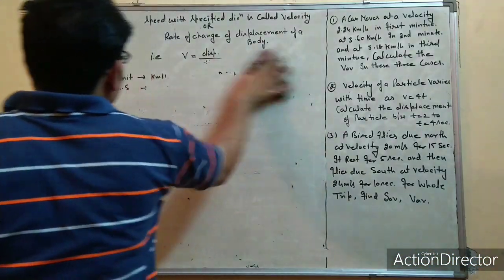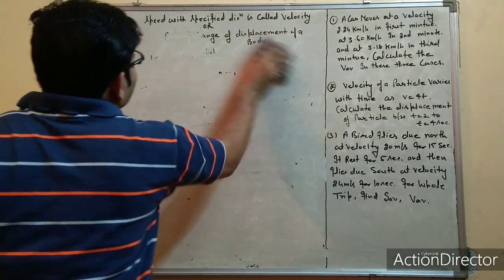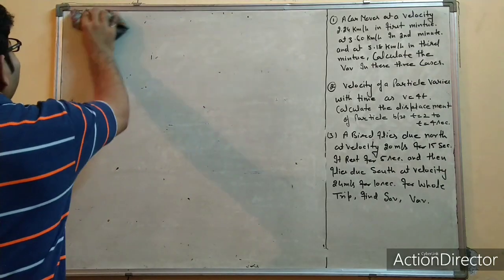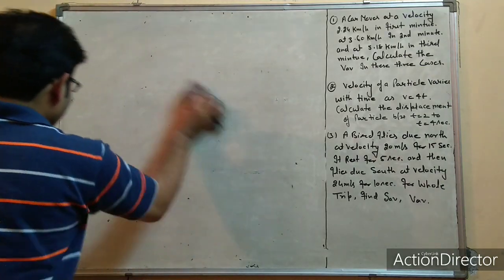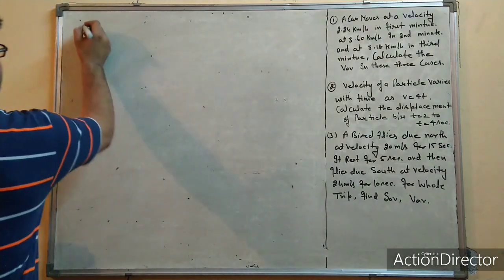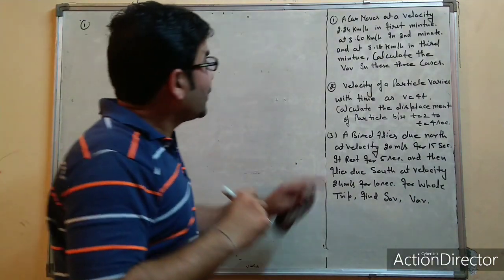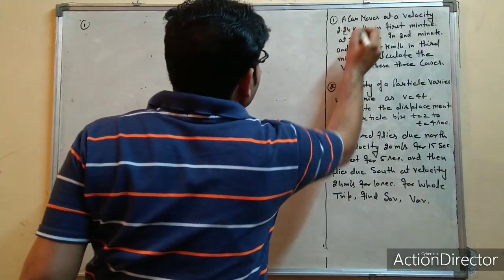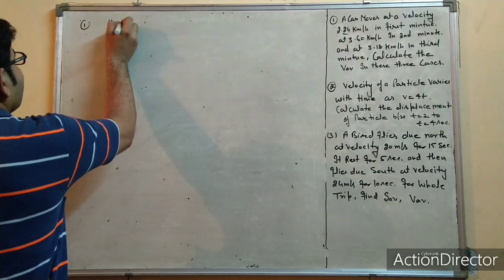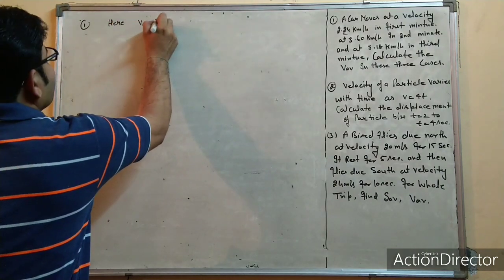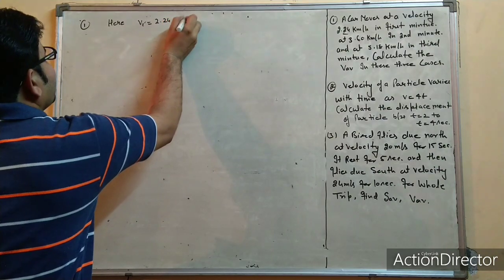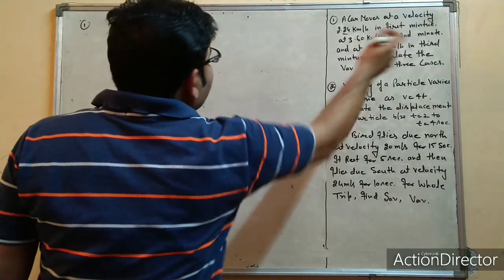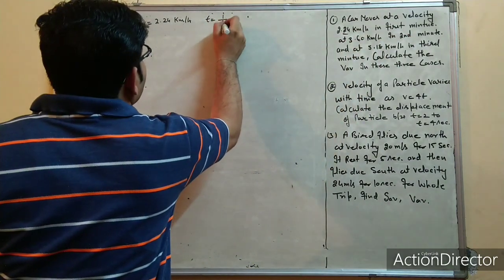Now we will do some numericals. So let us start first. A car moves at a velocity, suppose this is the v1 velocity. Here we have velocity v1 2.24 kilometer per hour, and time, first 1 minute, but it is in hours, so you have to take 1 upon 60 hours.